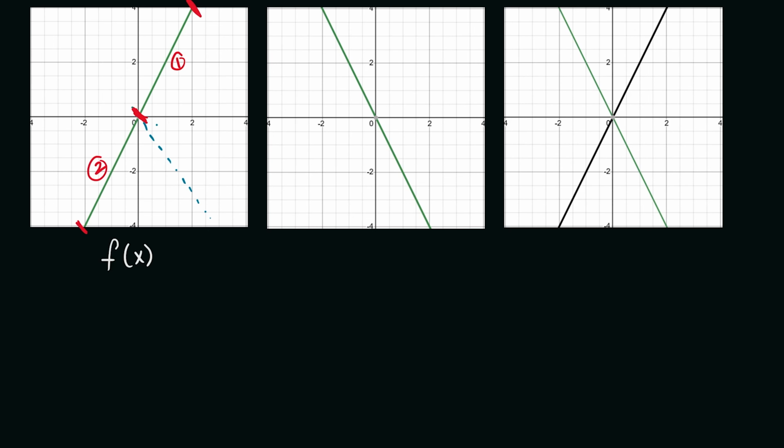So then it would look something like this, and that is what is clearly shown here in our second graph. Now this is the reflection over the x-axis, which we can call negative f of x.